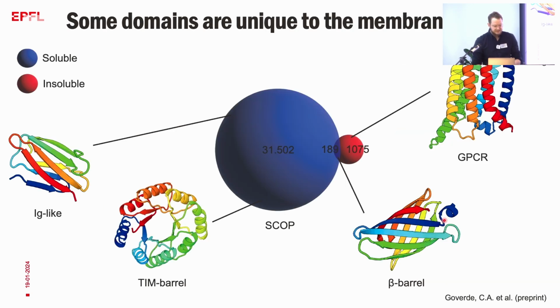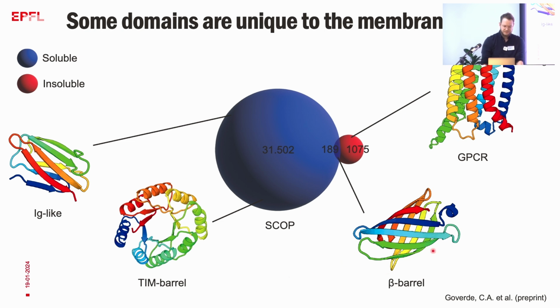And besides that, when we take a look at the SCOP database and we take all the different protein families and we take a look at the soluble proteome versus the insoluble proteome, we find that some protein folds, like the IG-like fold and the TIM barrel, are unique to the soluble proteome. You will not find them in the membrane.